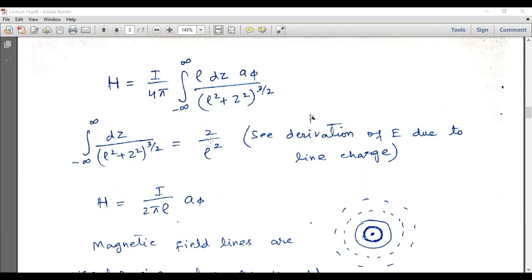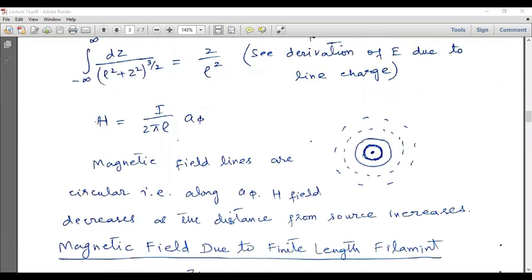So this will be our final form of the integral, and this integration is equal to 2 over rho square. This same integration was performed while we were evaluating electric field due to a line charge, so I have written this expression directly. So when we put this value over here, we will get H equal to I over 2 pi rho a phi.